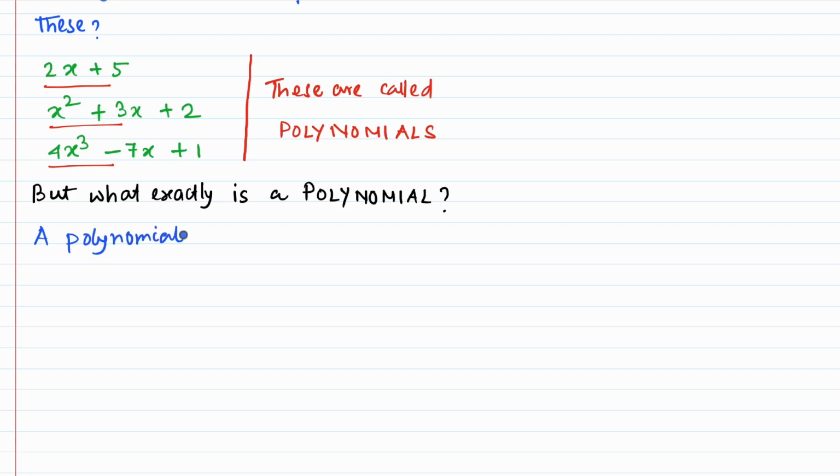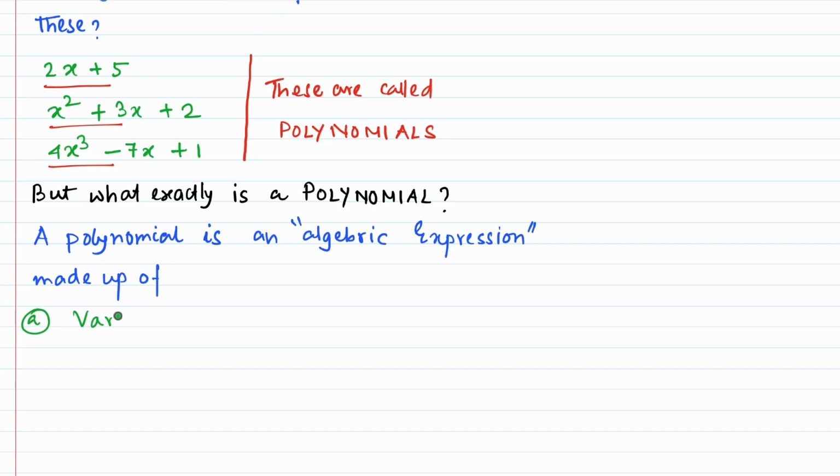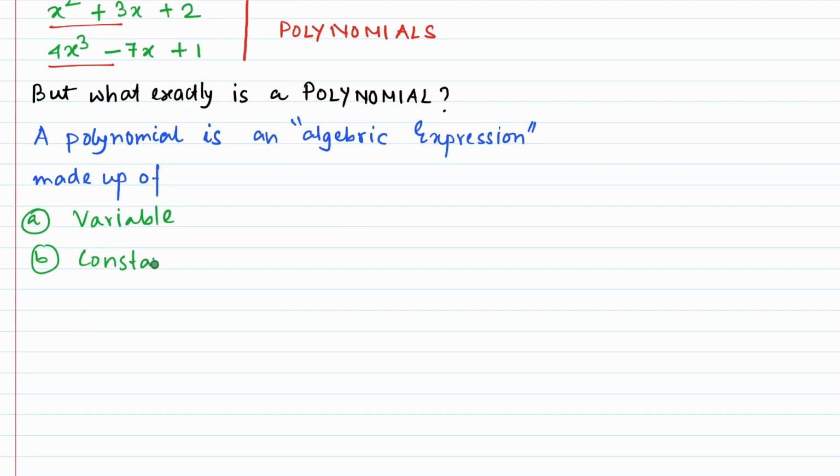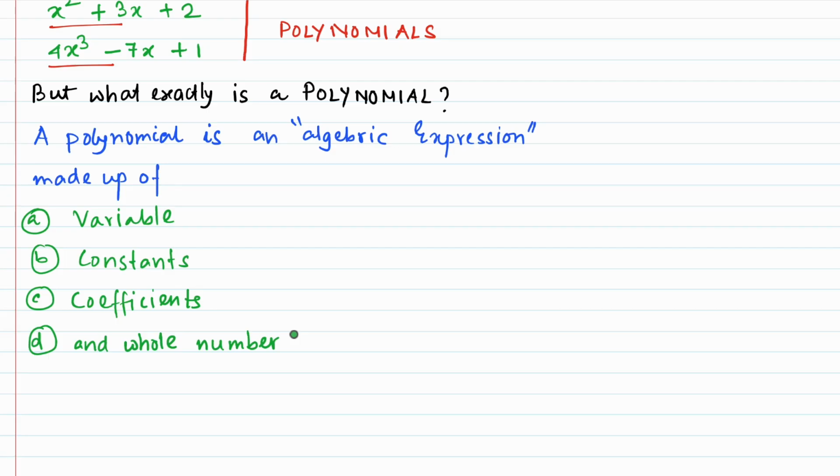A polynomial is an algebraic expression which is made up of number 1, a variable, number 2, some constants, number 3, coefficients, and number 4, whole number powers of the variables.